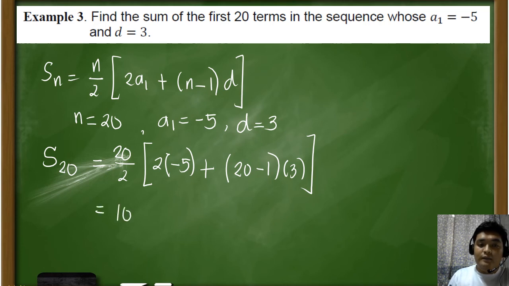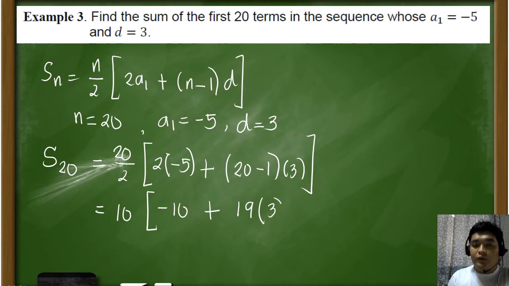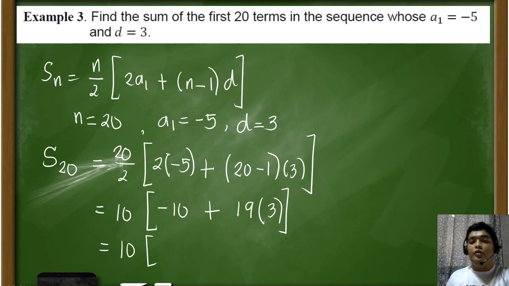It is 10. 2 times negative 5 is negative 10, plus 20 minus 1, which is 19, times 3. Remember our PEMDAS rule: we first work inside the parentheses. So that is 10. Next, the multiplication, because of PEMDAS. What is 19 times 3? 19 times 3 is 57.